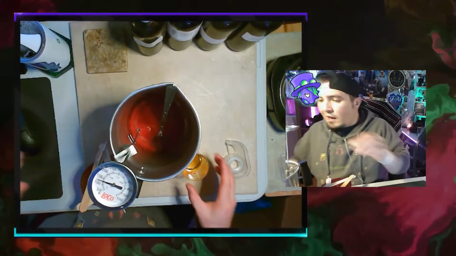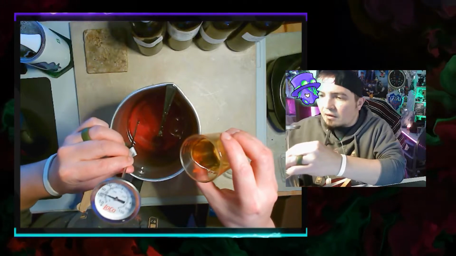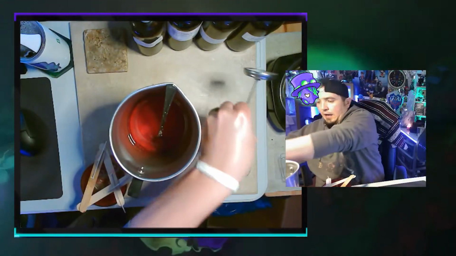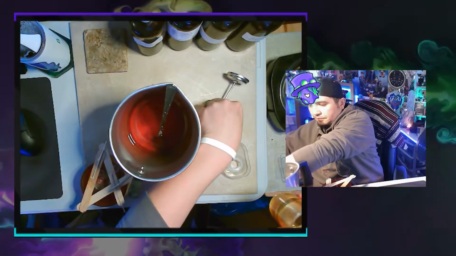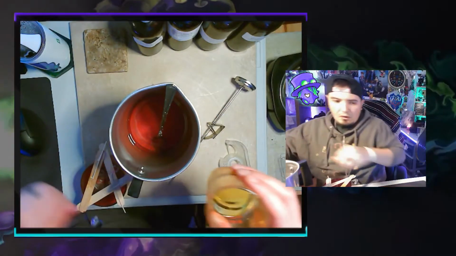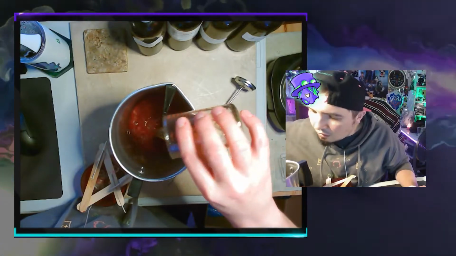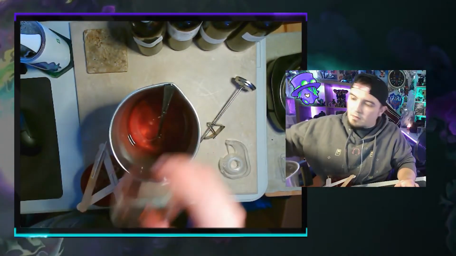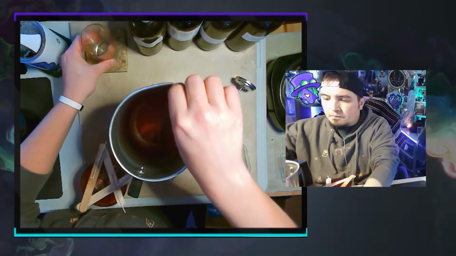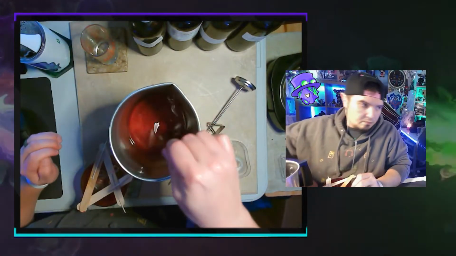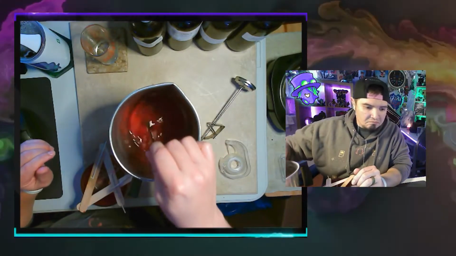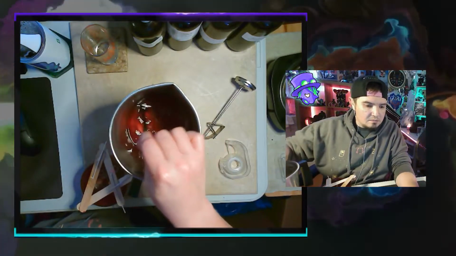We're going to go ahead and add. So we're at 140. This is a good temperature to go ahead and add my fragrance oil. Oh, it smells so good. And I want to stir this for about, I'd say 2 minutes.